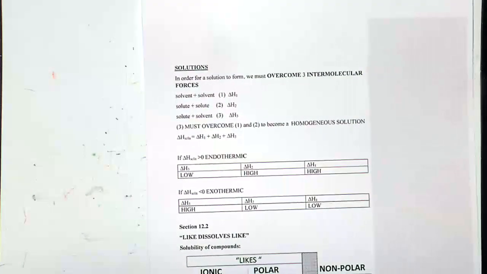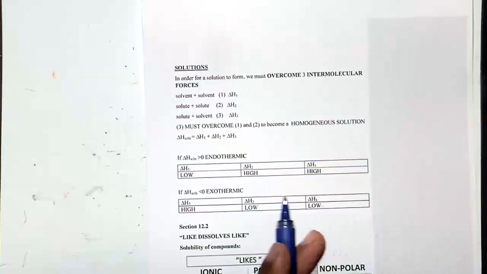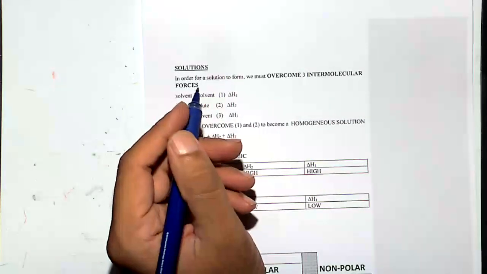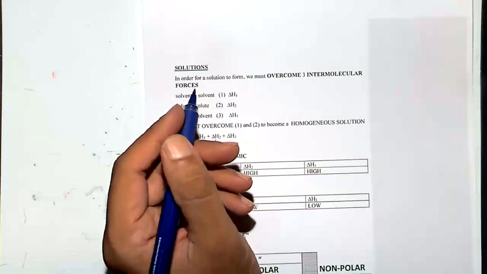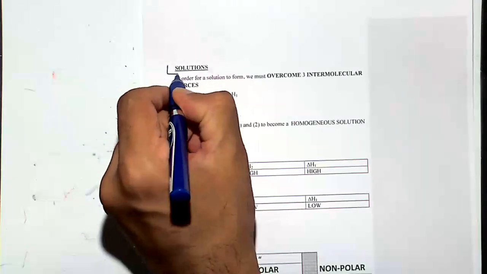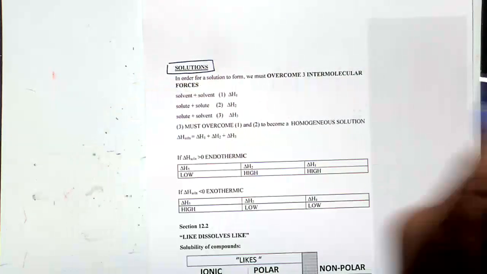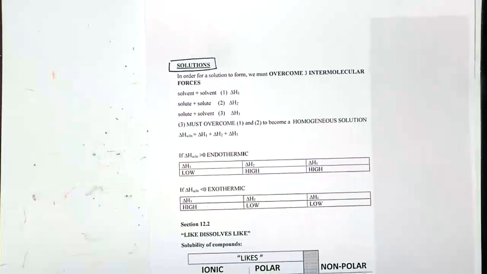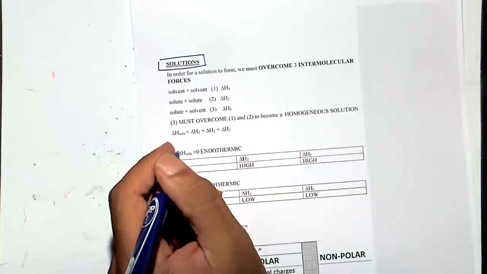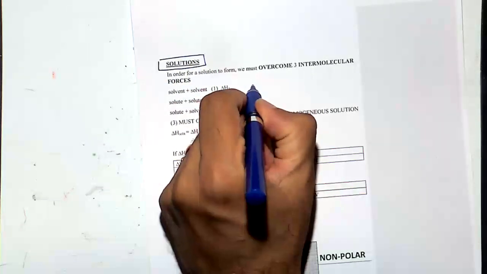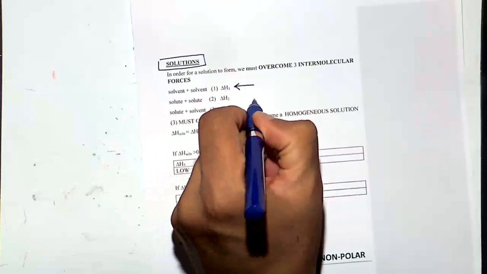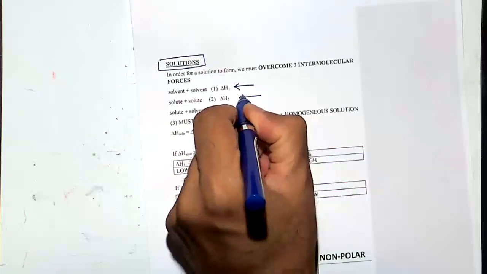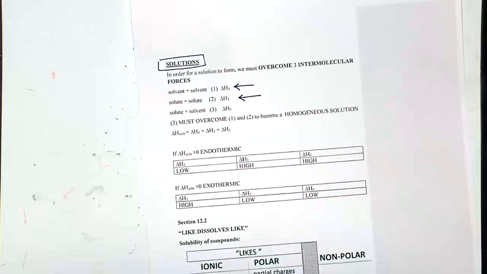Let's go to page 2 here. There are some aspects about forming a solution. I'm going to go over that very briefly, but I'm not really going to test you on it. I added the glucose sugar in water, and it formed a solution. And I just want you to know that sometimes to form a solution, you have to overcome solvent IMF. You have to overcome solute IMF.